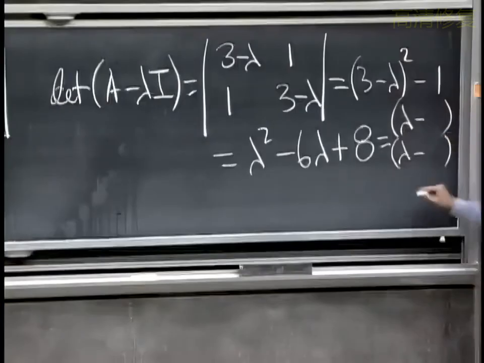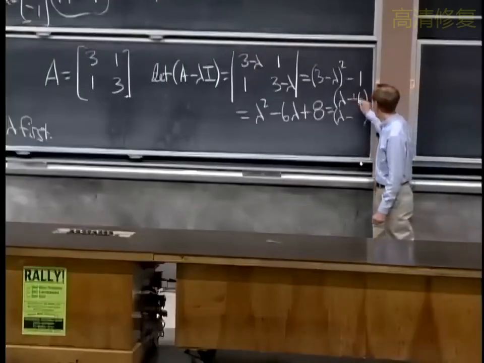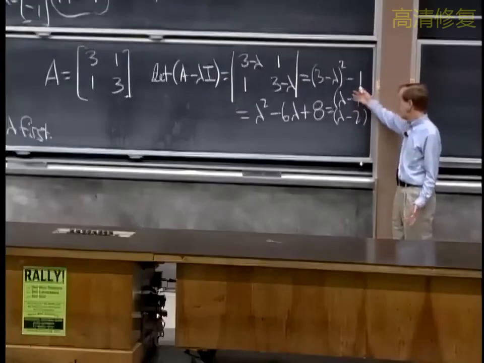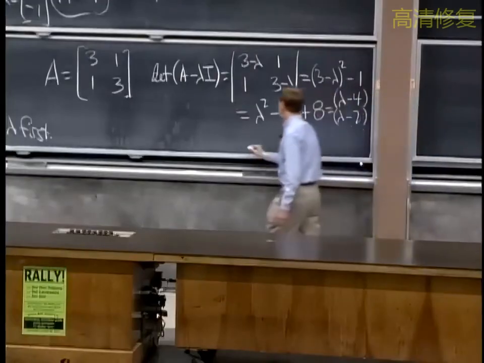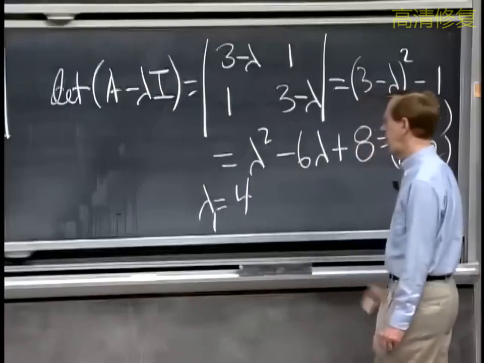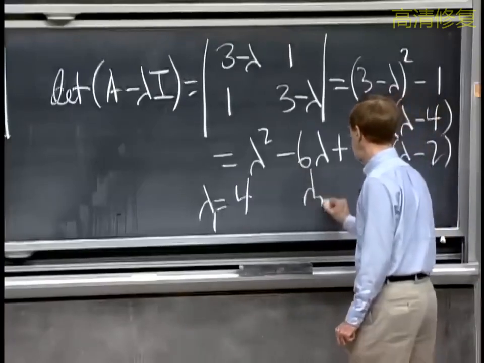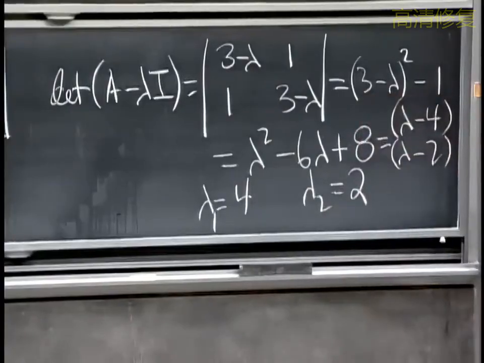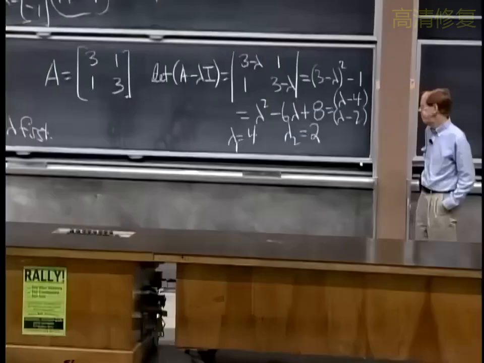Can you do that factorization? 4 and 2? Lambda minus 4 times lambda minus 2. So the eigenvalues are 4 and 2. One eigenvalue, lambda 1, let's say, is 4. Lambda 2, the other eigenvalue, is 2.